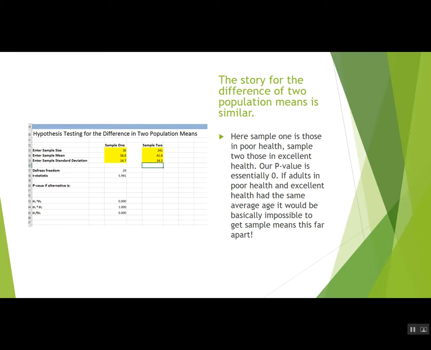And so the conclusion is, if the adults in poor health and excellent health had the same average age, it would be basically impossible to get sample means this far apart, which shouldn't be surprising when you look at the sample means, 58.8 and 41.8. There's a 17-year difference between them in the samples. It would be very, very surprising if that was just due to chance. So we'll get practice with these, but this is the theory.